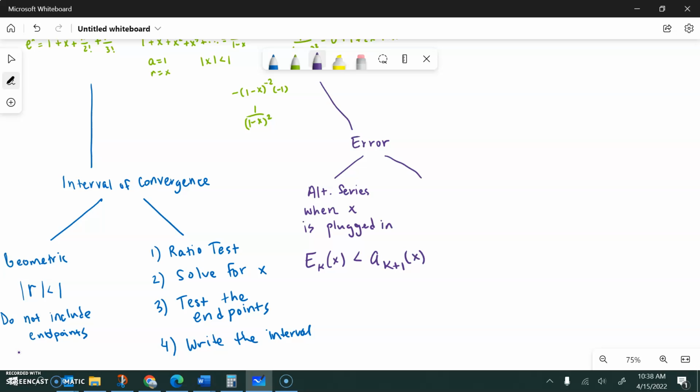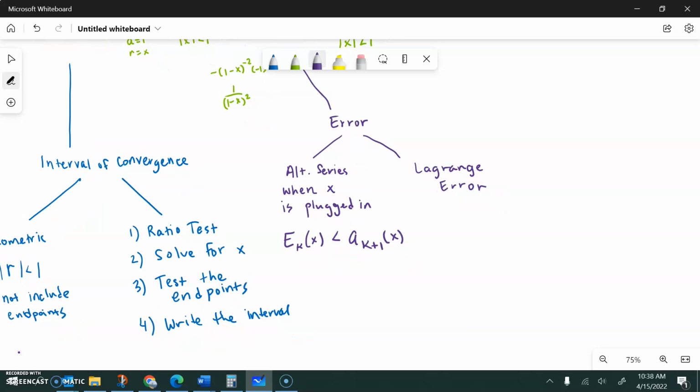But the other error option is Lagrange error. And the Lagrange error bound is, again, an overestimate of the error. The error, if we use a kth degree polynomial to approximate some value at x, is going to be less than or equal to kind of the next term, but not exactly. Oh, I should have put absolute values around that.